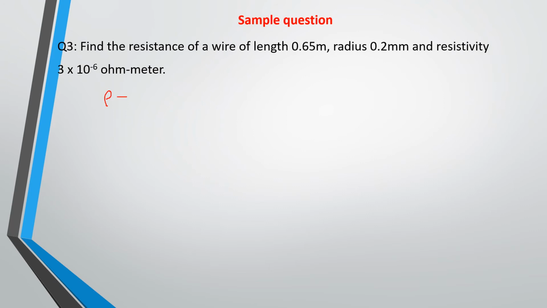Resistivity is equal to resistance times area all over length. Resistance is equal to resistivity times length all over area.